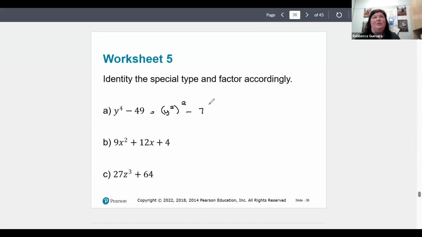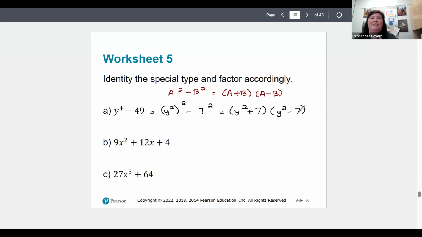And 49 we know is 7 squared. So we know that a squared minus b squared is just going to be a plus b times a minus b. So my a is going to be that y squared and my b is the 7, so y squared plus 7, and then y squared minus 7.